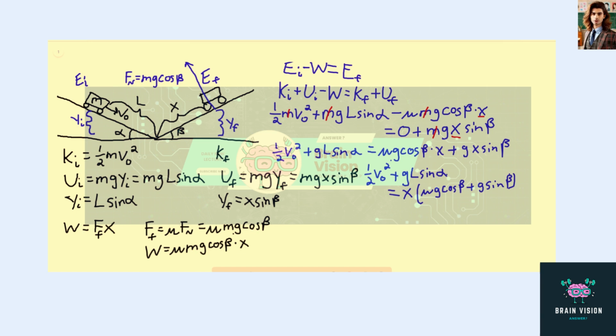So now I just divide out the expression and I've solved for x. That will give us the final answer for the distance x that the truck goes up the ramp.